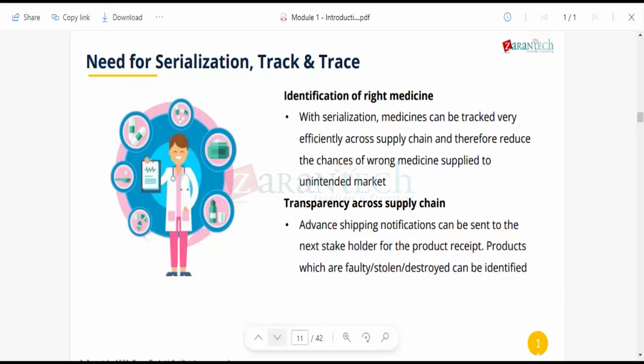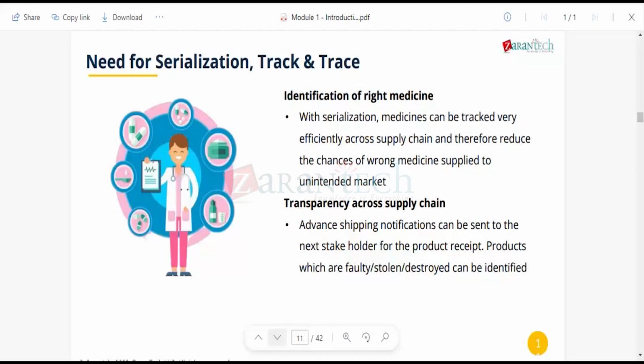And the third thing is transparency across the supply chain. We already saw the basic structure of the pharma supply chain. The product is not directly sold to our market. It is manufactured at a plant, then a distributor comes into the picture, then maybe warehouses, and then it goes to the customer.